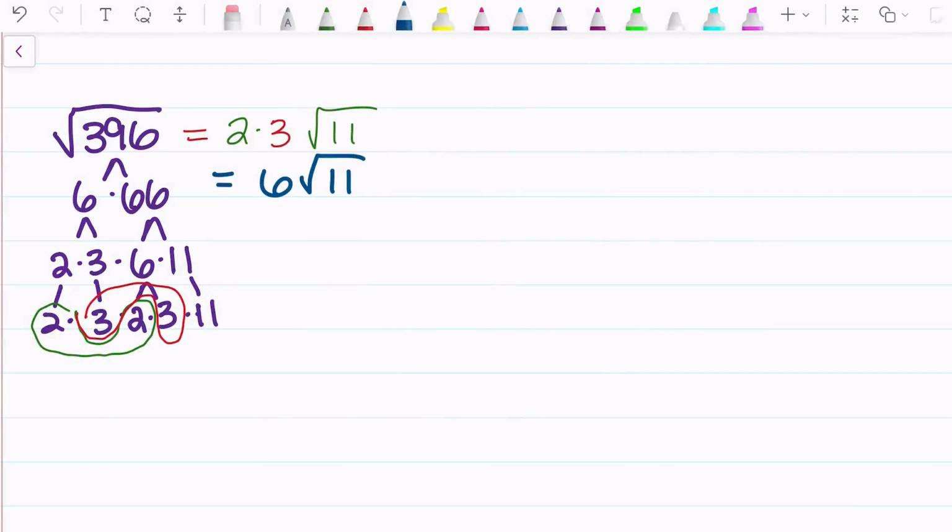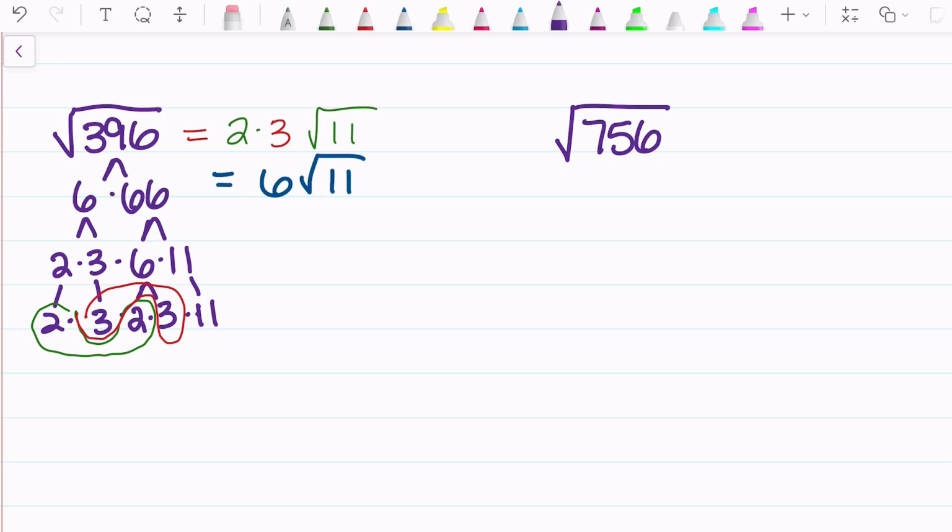I'm going to do one more example. Let's do 756, a really big number. All right, so let's say I wanted to try dividing that by, we'll just go the long way.